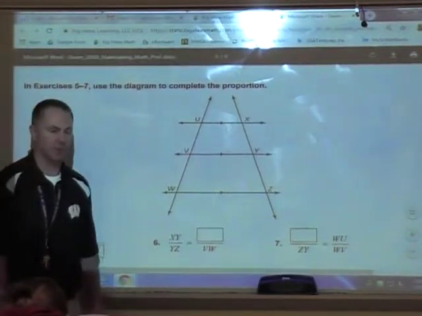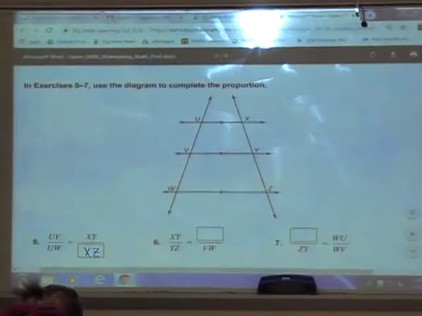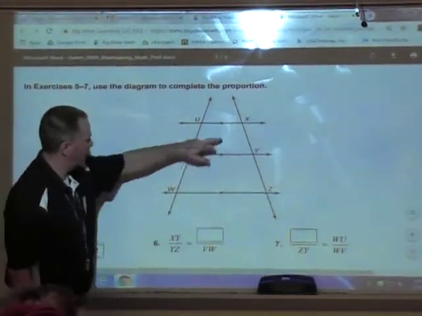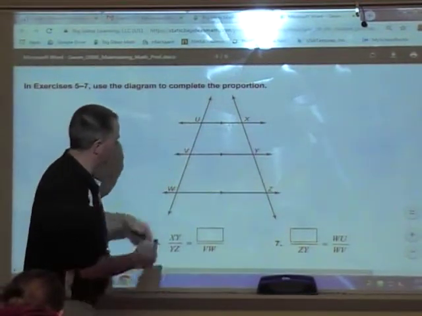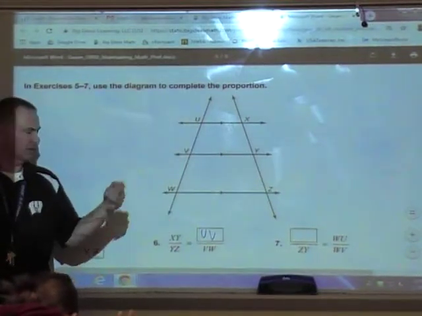Everybody try number 6 without me giving it to you. Still missing 3 calculators. Better than 7. All right, what do we have here? X, Y, Y, Z. This is VW, so the top must be UV. Who got UV? Excellent, you guys are great.